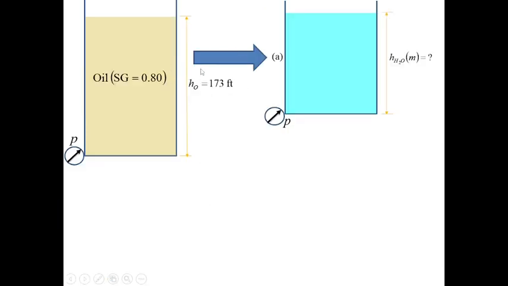So in this case, for letter A, solution to the problem: recall the formula that the height of liquid 2 can be obtained by multiplying the specific gravity of substance 1 to height of substance 1 over specific gravity of substance 2.